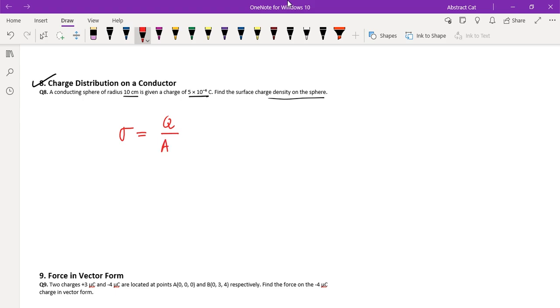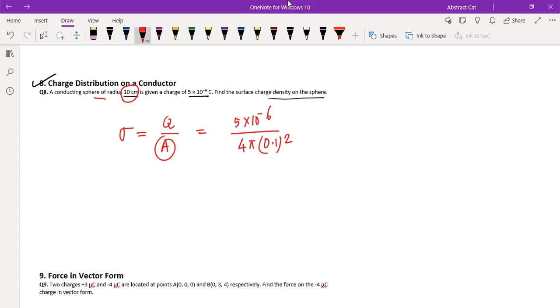Surface charge density means we need the area. So charge is given 5 into 10 to the power minus 6. The surface area of a sphere is 4 pi r square. So 4 pi, 10 centimeter means 0.1 meter, square.